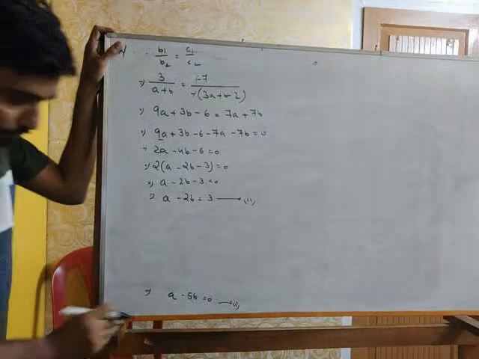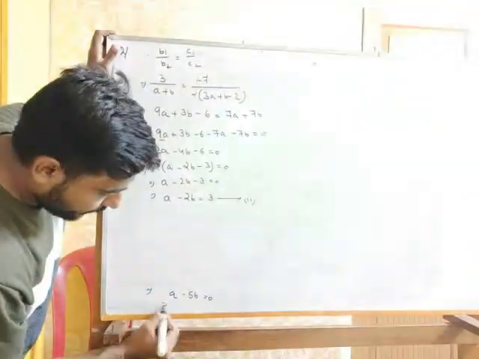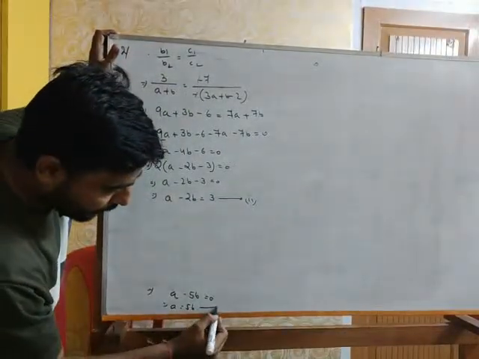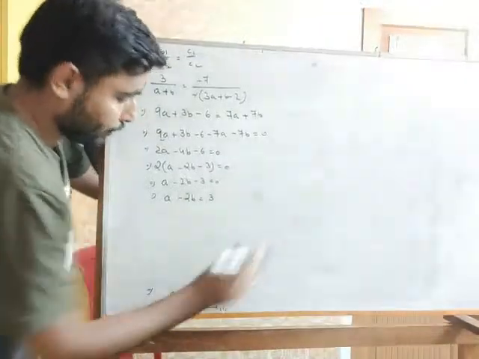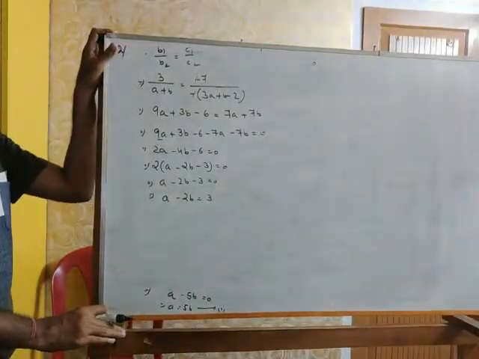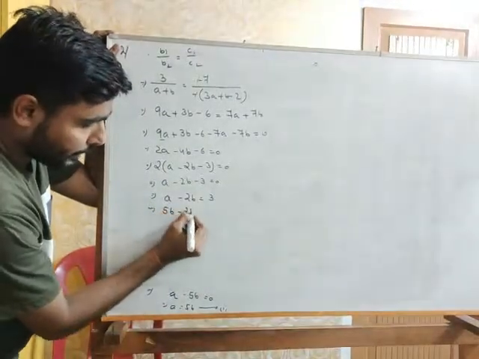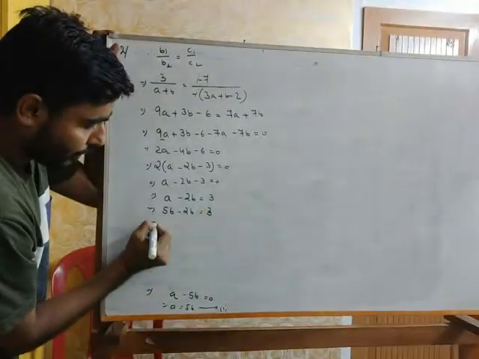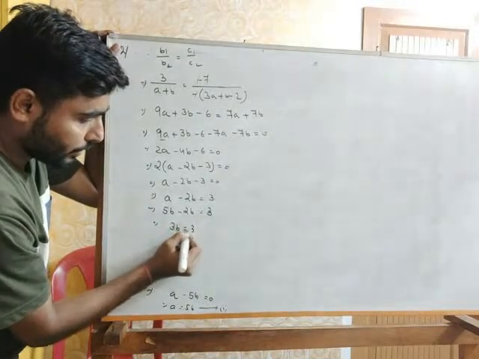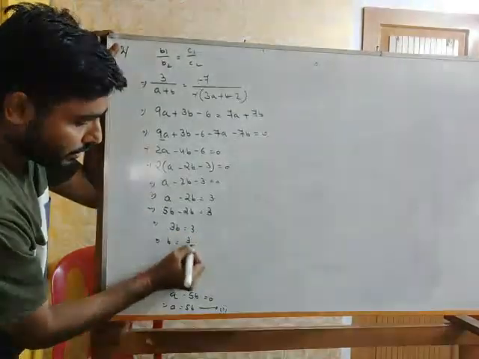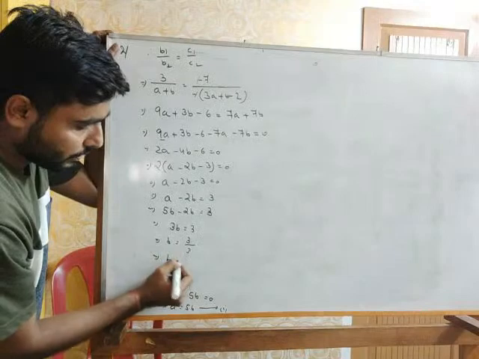What I can do is, I can write a is equal to 5b from equation number 1, and use it here. Are you getting my point, all of you? So it will be 5b minus 2b is equal to 3. So 3b is equal to 3. b is equal to 3 by 3, that is 1.